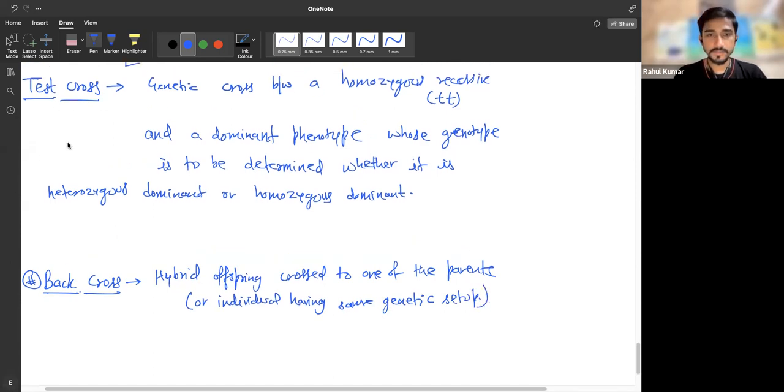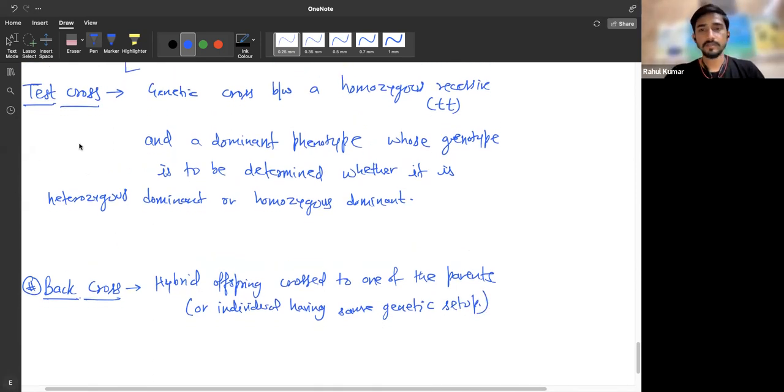So write down test cross is a special type of back cross only where we choose the homozygous recessive parent. The homozygous recessive parent.